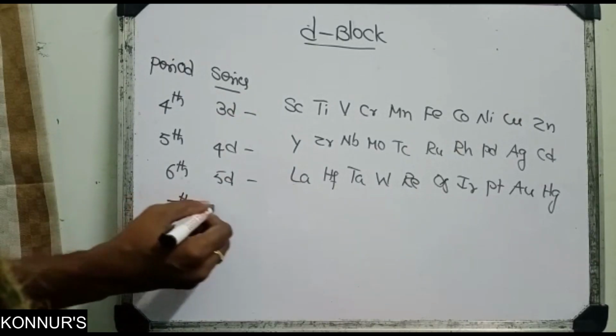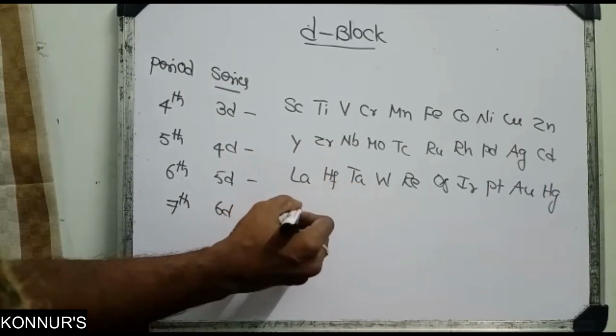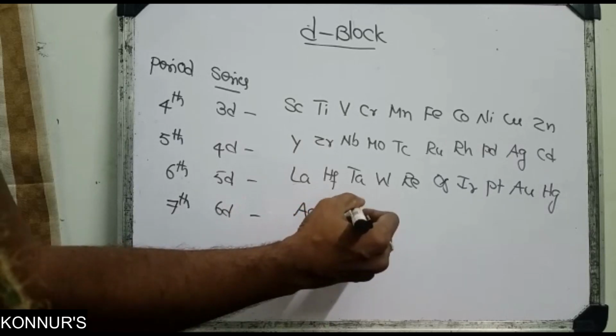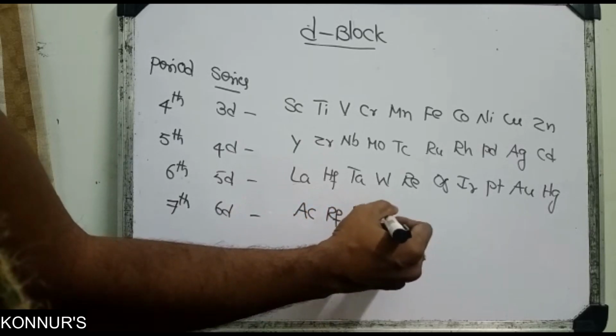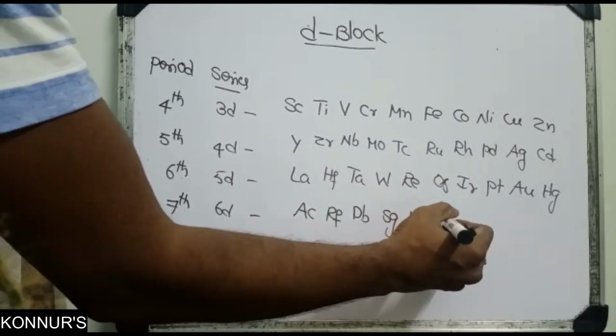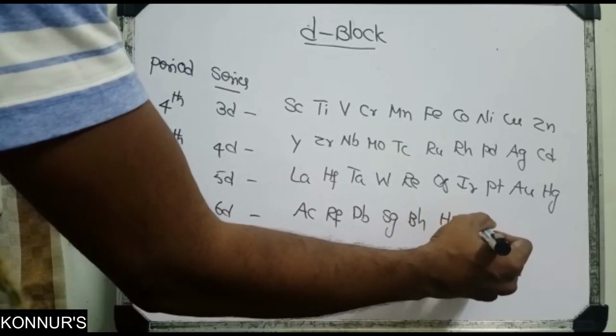Next, seventh period, 6d: actinium, rutherfordium, dubnium, seaborgium, hassium, darmstadtium.